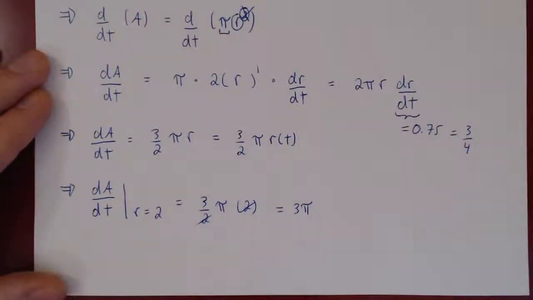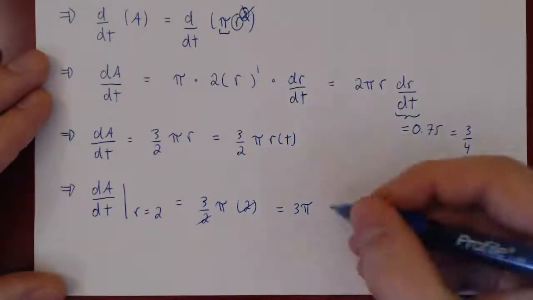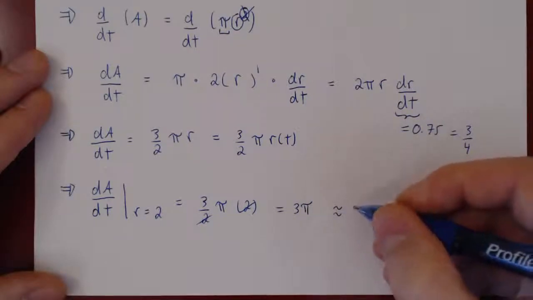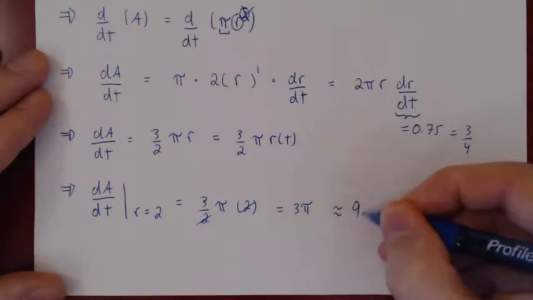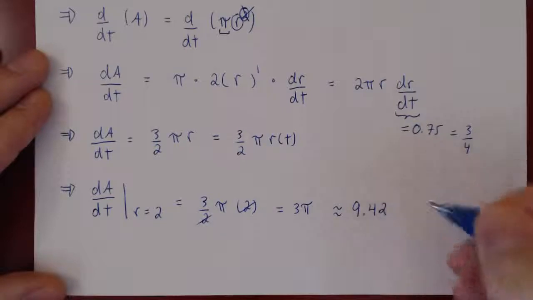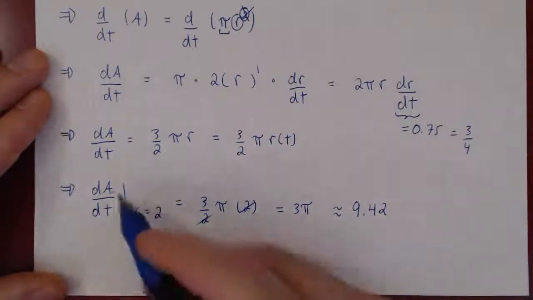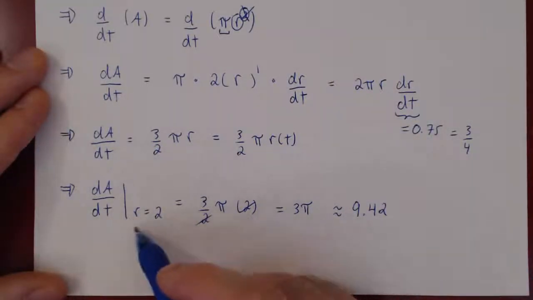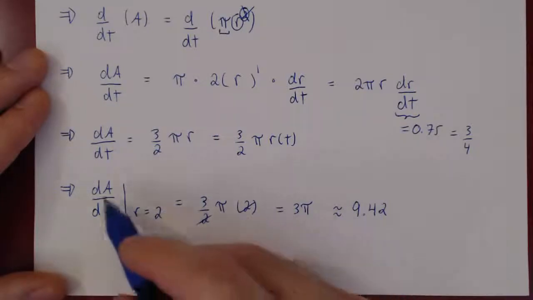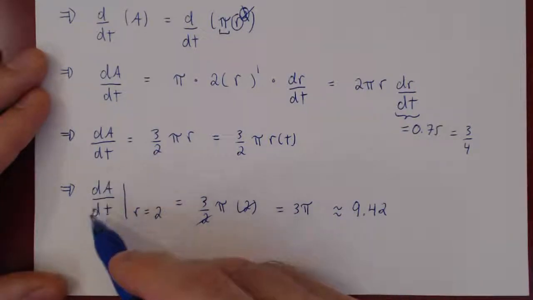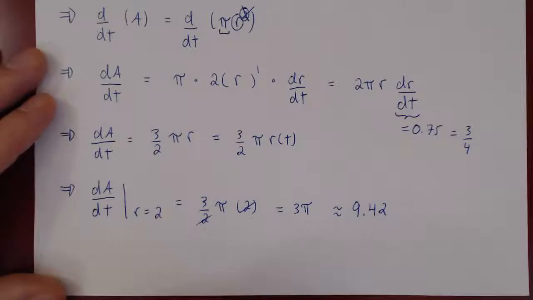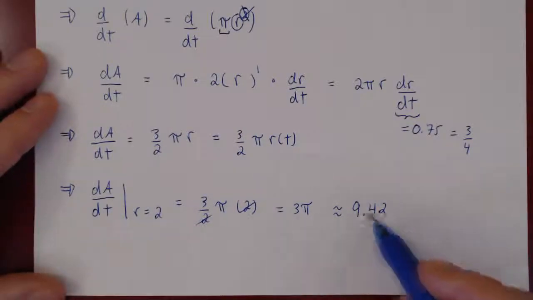And if you want an approximation, 3 times pi will give you approximately 9.42. And now we can write the units. So when the radius of the wave reaches 2 meters, the rate of change of the area as a function of t, time, will be 9.42.